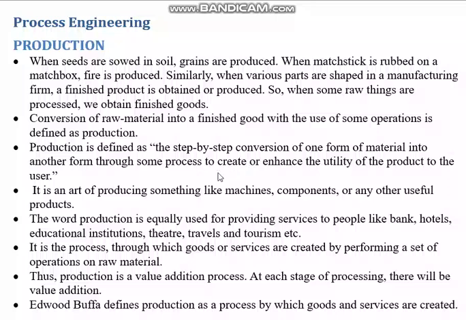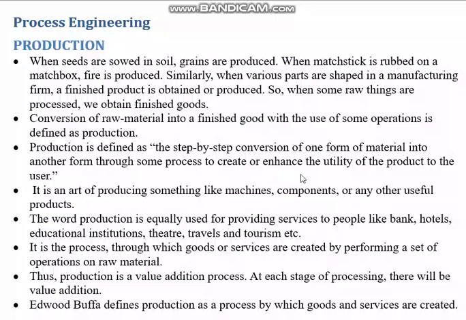When the last process is completed, what you get is the finished product. So the raw material, semi-finished product, and the finished product. That's how you have it in any industry, in any company, in any plant. Even cooking and other things.